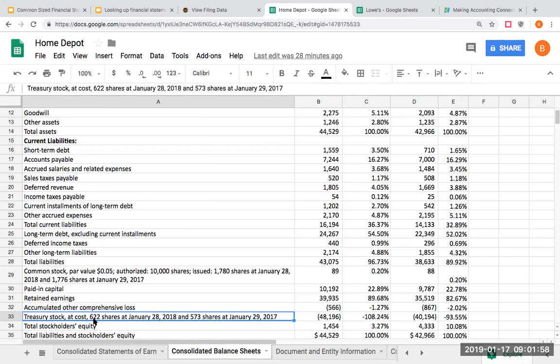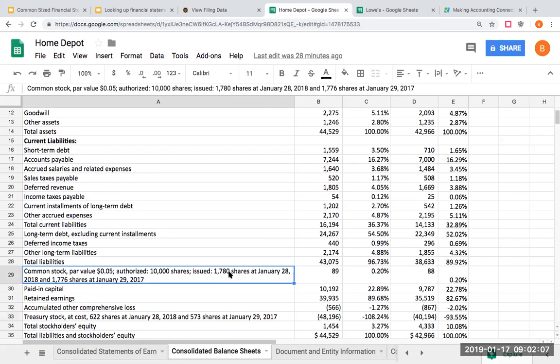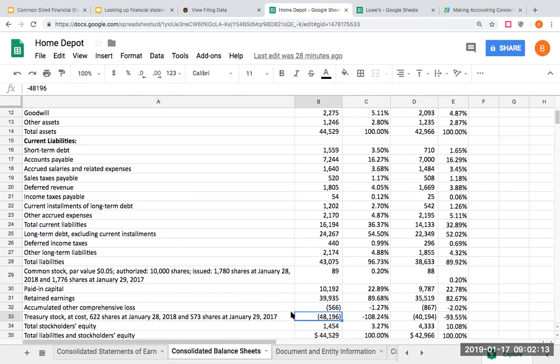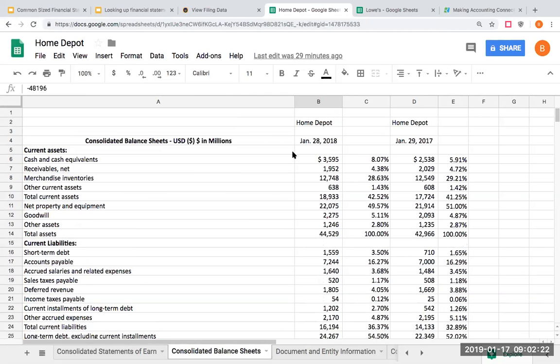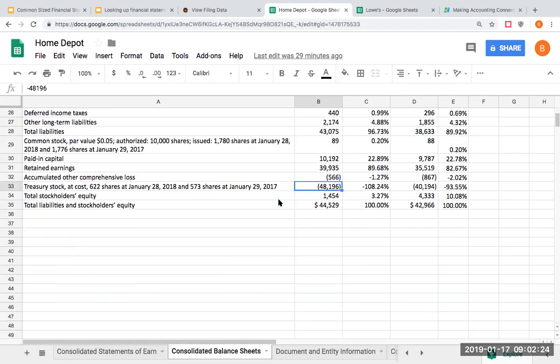Home Depot has repurchased, as of last year, about 622 million shares, and that's about a third of their total outstanding shares that they've issued. So when you see this in reality, if Home Depot, instead of buying back their own stock, had just kept that up here in terms of cash, it's a lot different.